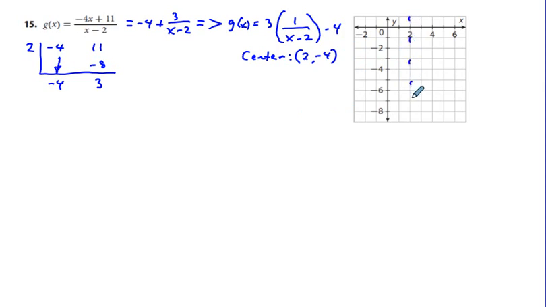So here, just sketching it in, x is equal to 2. And we have a horizontal asymptote at y is equal to negative 4. So that's our horizontal asymptote, and our vertical asymptote is x equals 2.